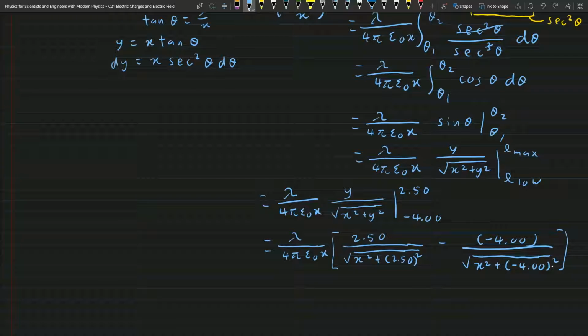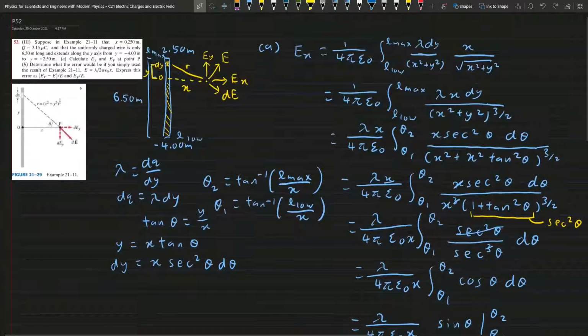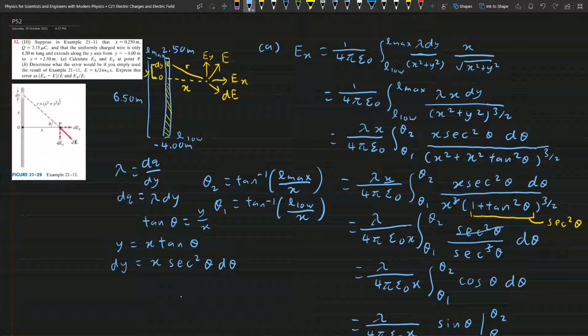Now we need the rest of these parameters, which should be given in the question here. We have Q, 3.15 microcoulombs, and we have x, this is 0.250 meter.